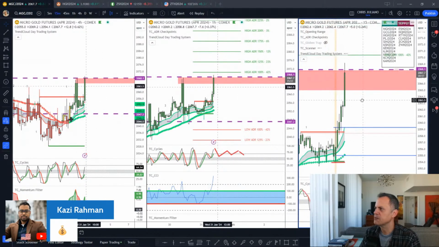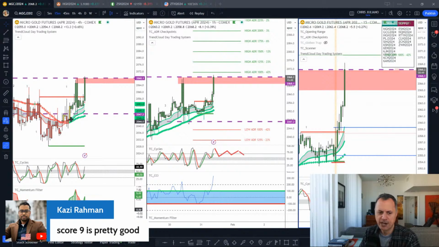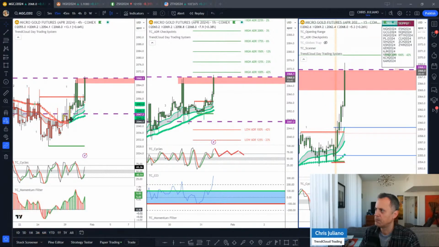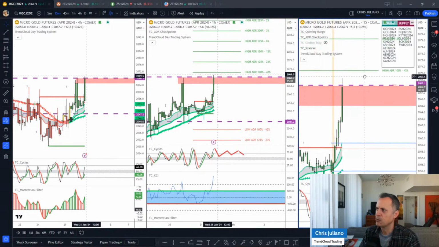Okay, so here's your 15-minute candle and what that looks like. 15-minute candle is still very bullish, right? And that scored a 9 on the scoreboard. Heading for that ADR checkpoint.